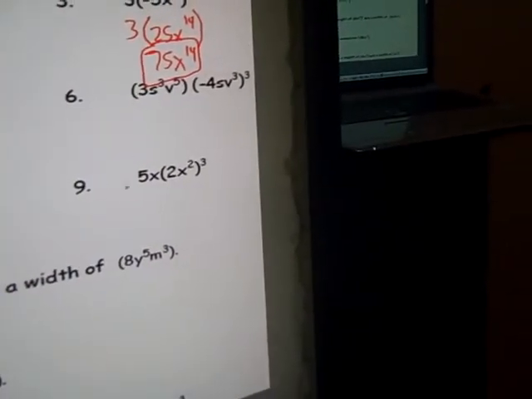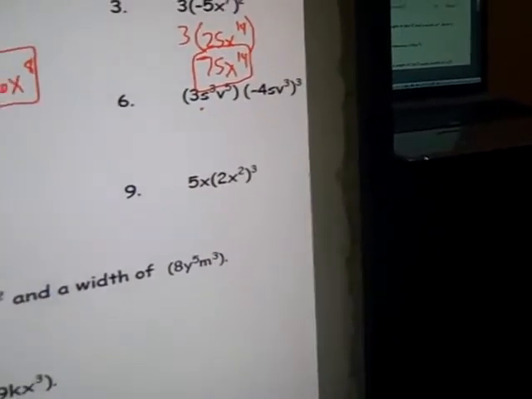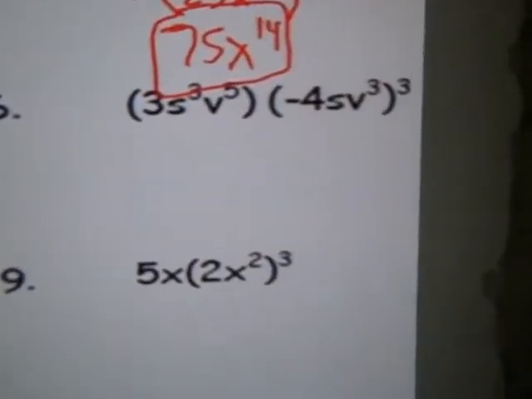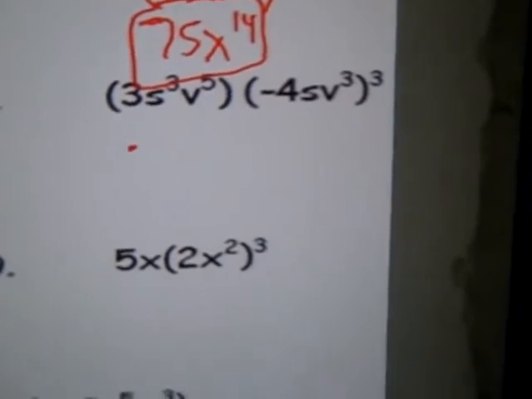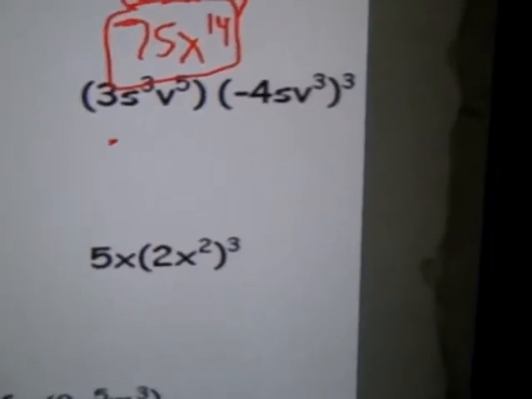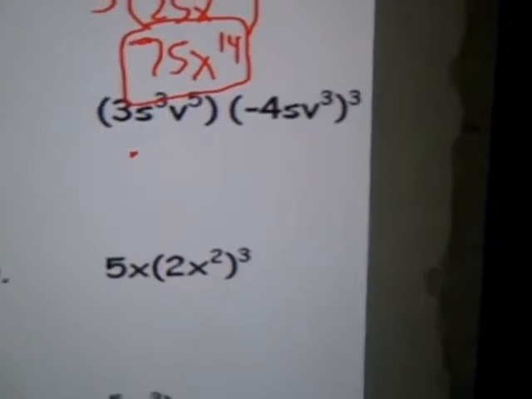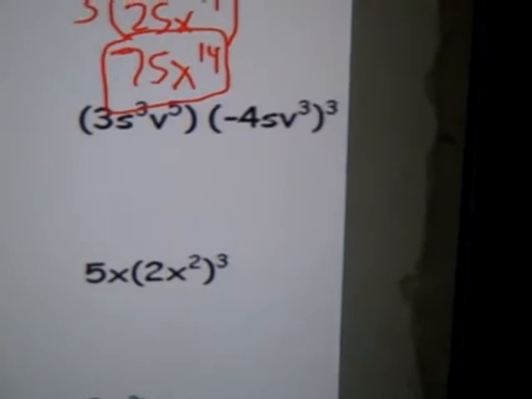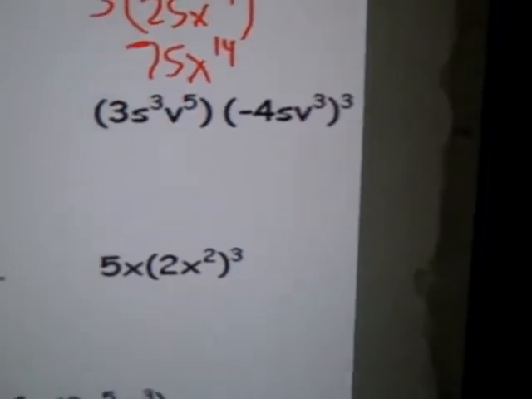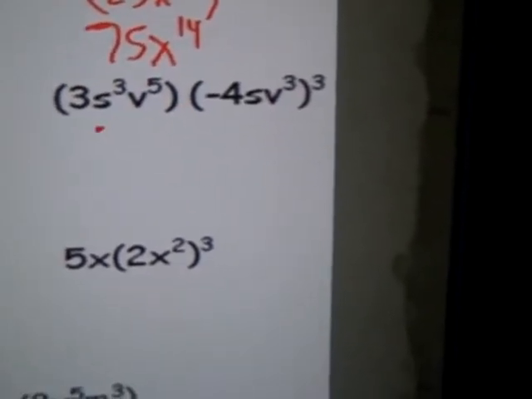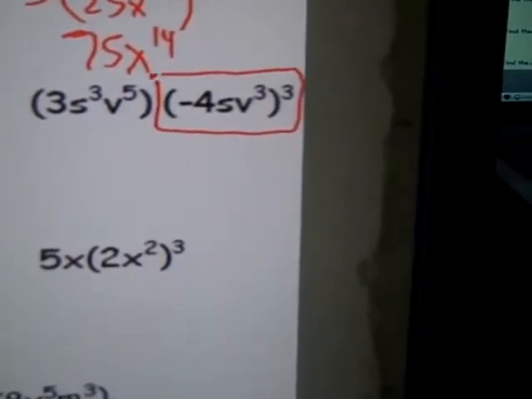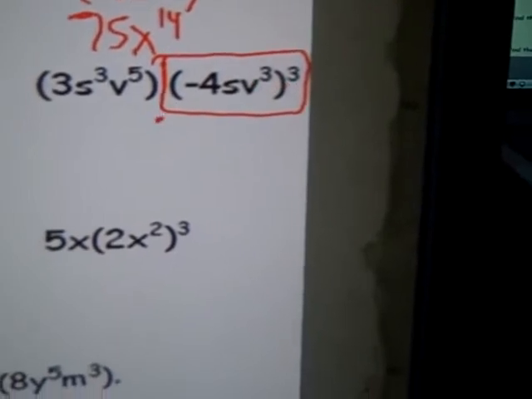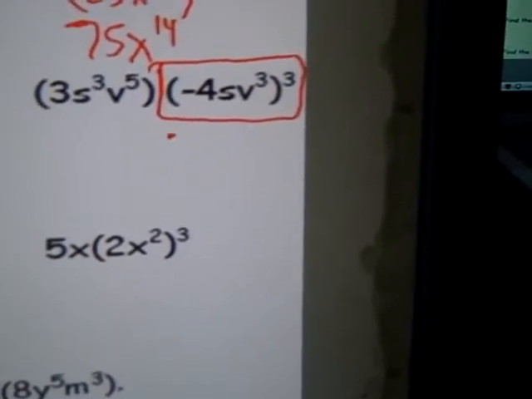Number 6, 3 times negative 4 cubed, s to the first, b cubed. We can't do that right away. We have to first evaluate the exponents. First, this term right here is the important one to do first, because there's an exponent there. We have to cube negative 4.